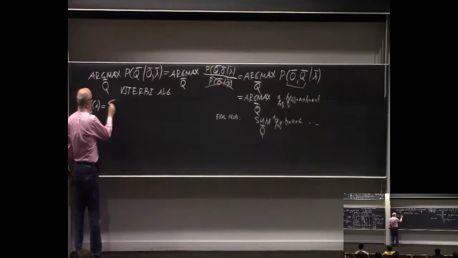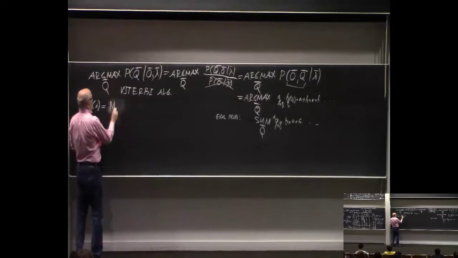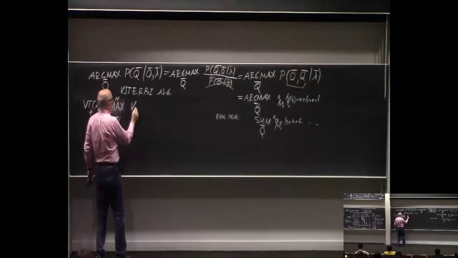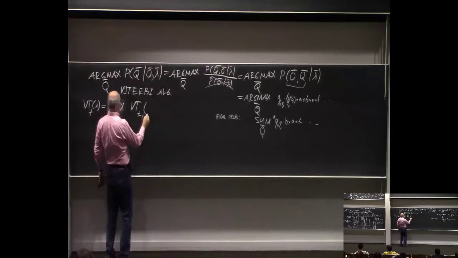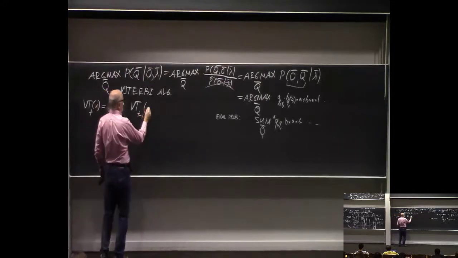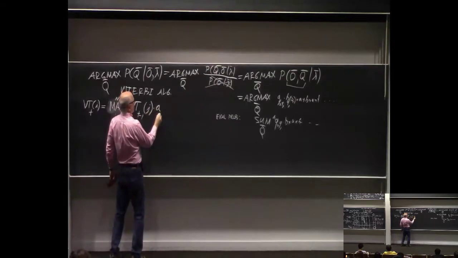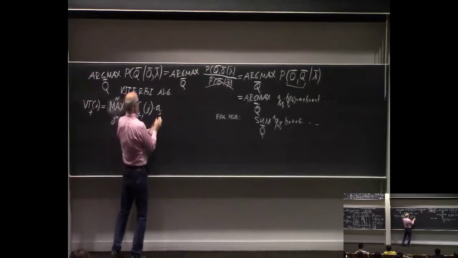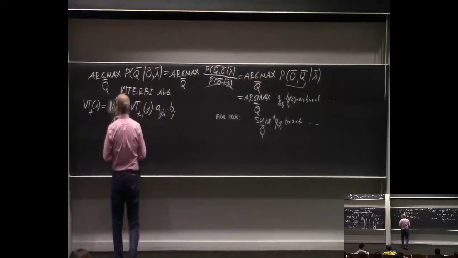It would be sum over... max over all states j from 1 to n of Viterbi of time t minus 1 of state j, times a transitioning from j to i, times probability of being in state i.